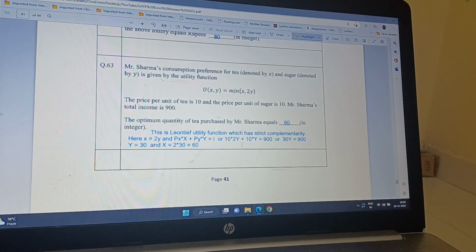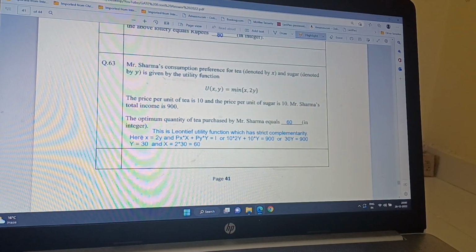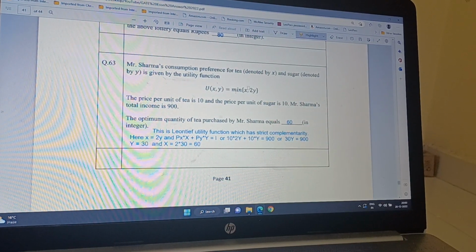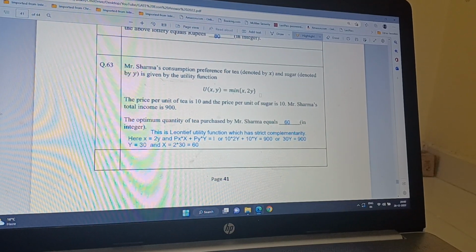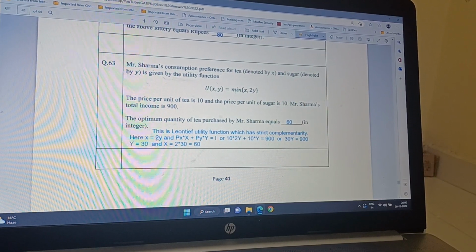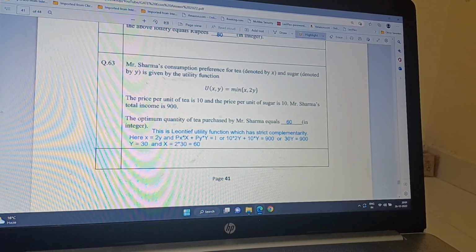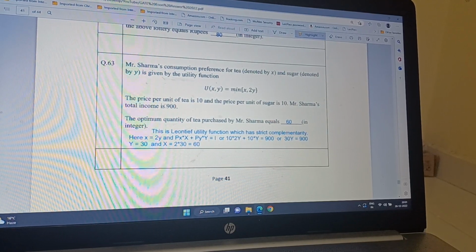This is a Leontief function, which has strict complementarity. So here the goods are consumed in fixed proportion, x is equal to 2y always, and this must satisfy the budget line.